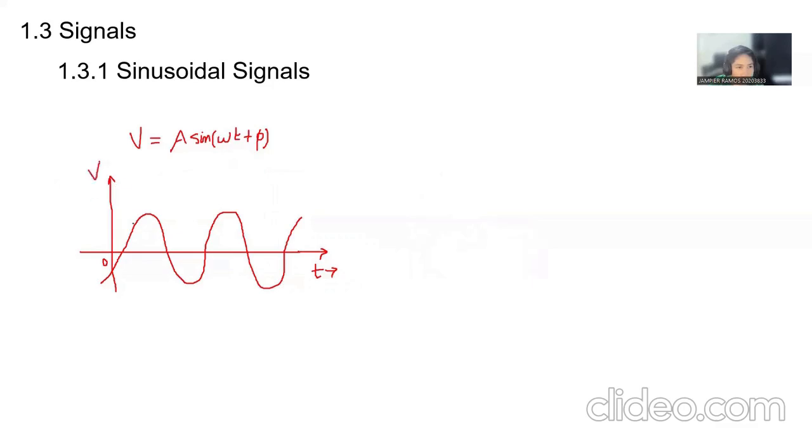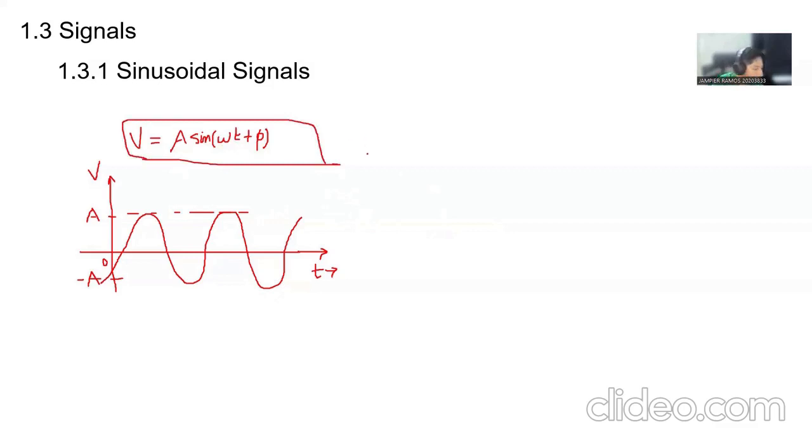This is the voltage, but the amplitude is here, A, and here minus A. So these kinds of signals are very used in electronics because this is the form of the solution of many linear equations, differential equations, sorry.